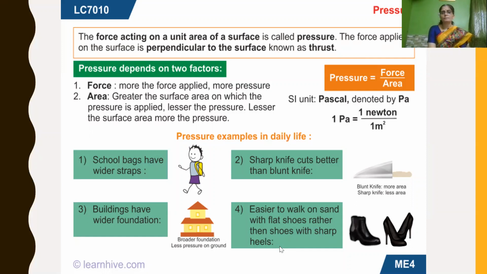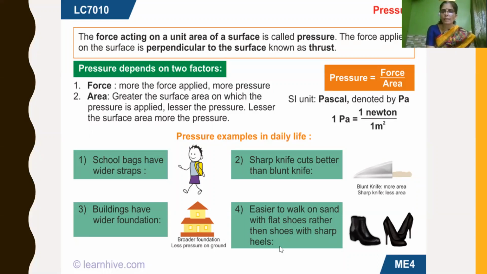Got it? And pressure depends upon two factors. The first factor is force, and the second factor is area, isn't it? Pressure is force upon area. So pressure depends upon two factors, force and area.